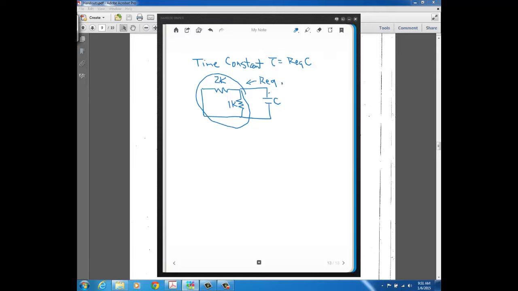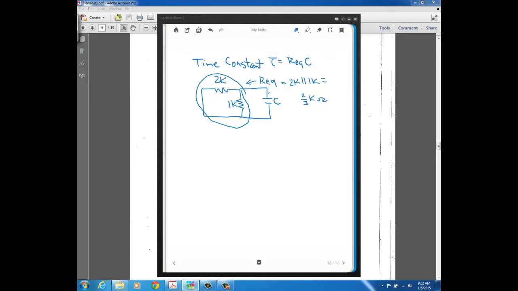So you see the Req here would just be 2k in parallel with 1k. Oops, there's a 1 here. Okay, so the 2k is in parallel with the 1k. So product over sum, we'd get 2/3 k ohms.